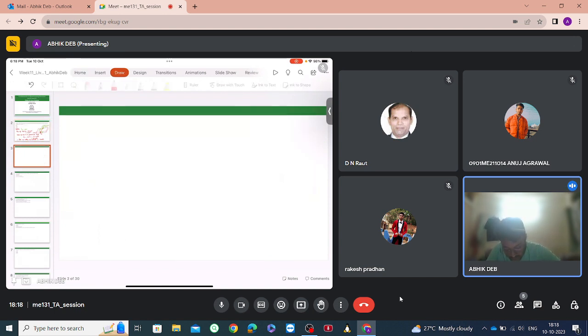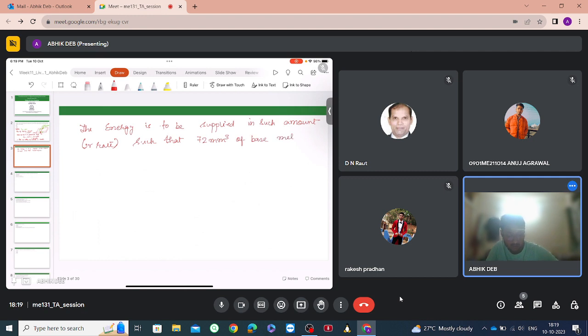Okay, so the energy is to be supplied in such an amount or rate, such that 72 millimeter cube of base metal is melted per second.